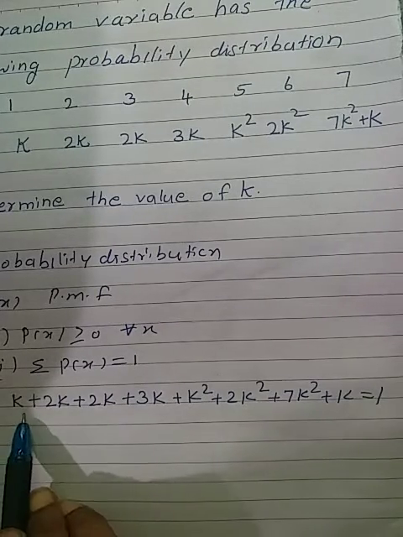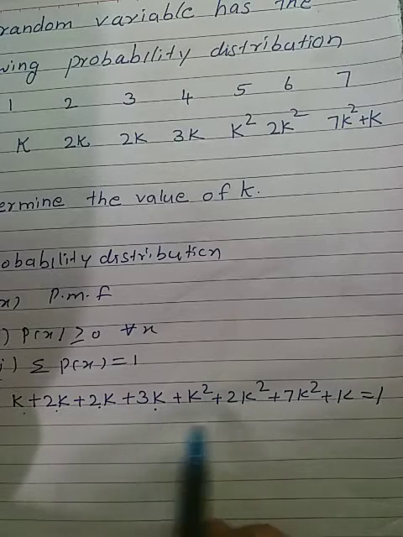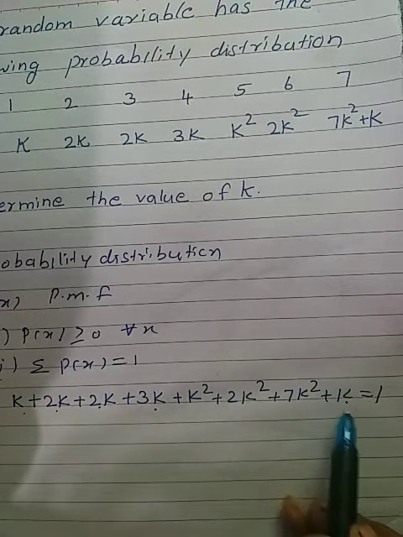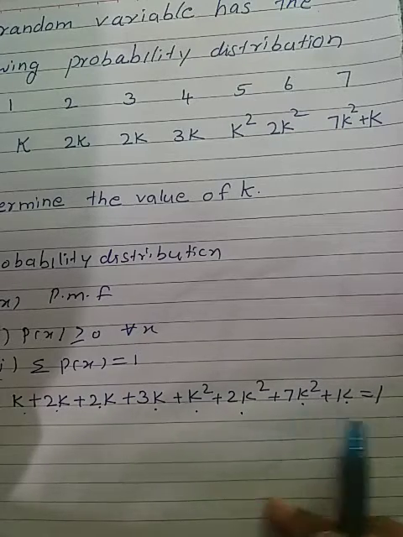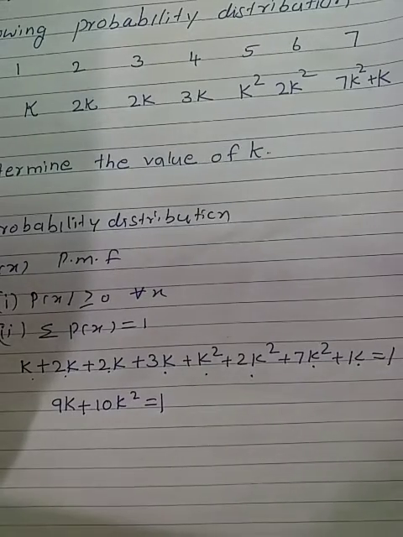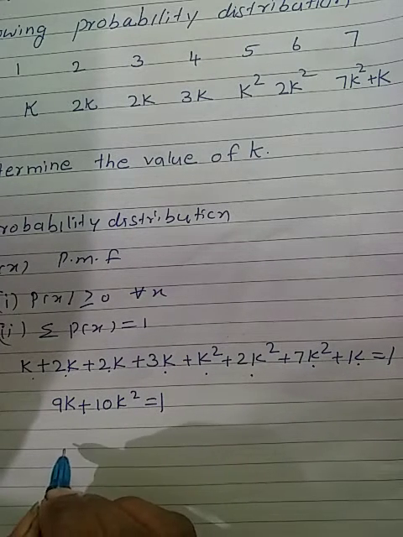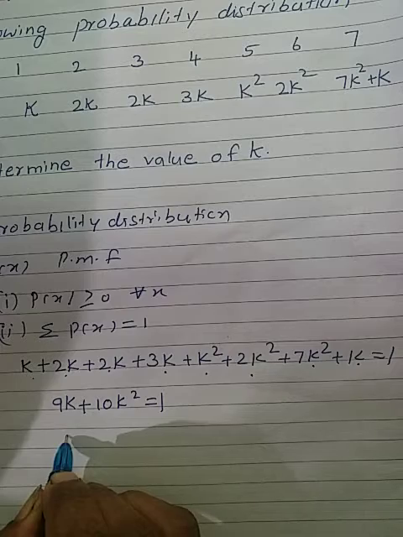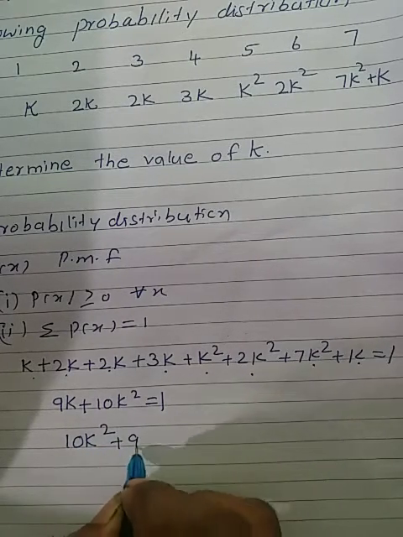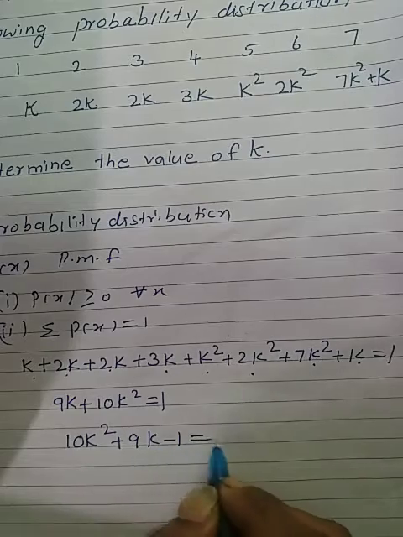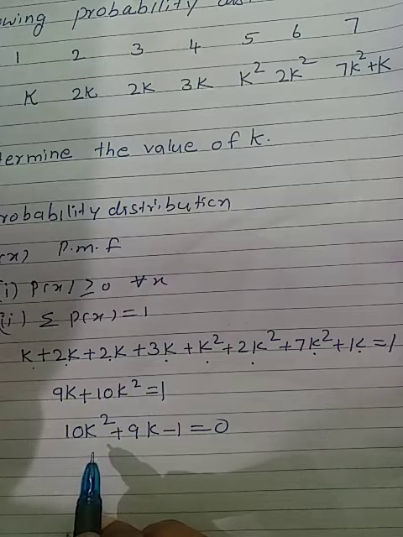That is k plus 2k plus 2k plus 3k plus k plus k square plus 2k square plus 7k square equal to 1. 9k plus 10k square equal to 1. Changing into standard form, 10k square plus 9k minus 1 equal to 0. Now, how to find the value of k?